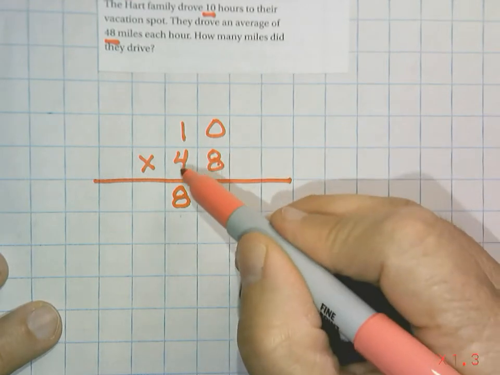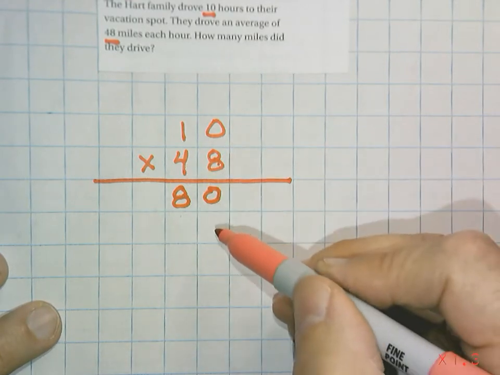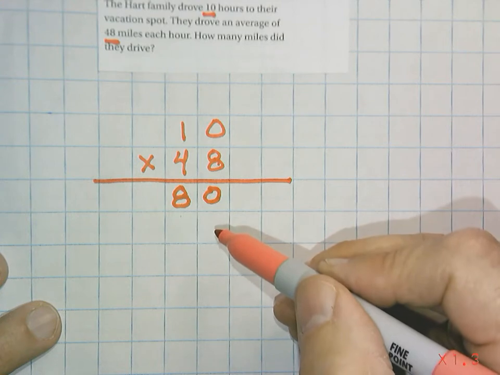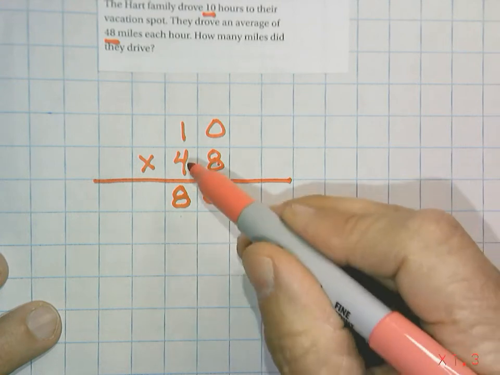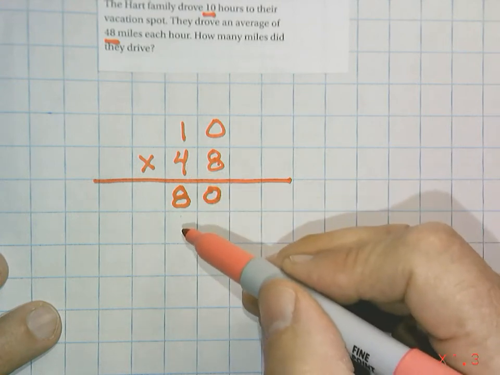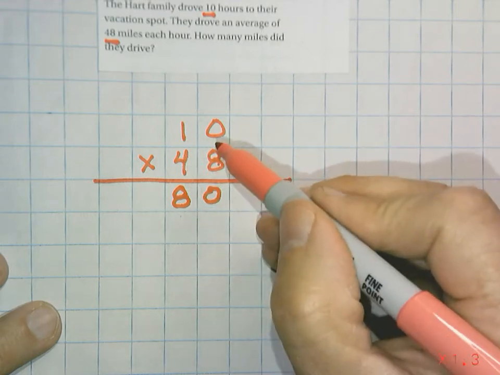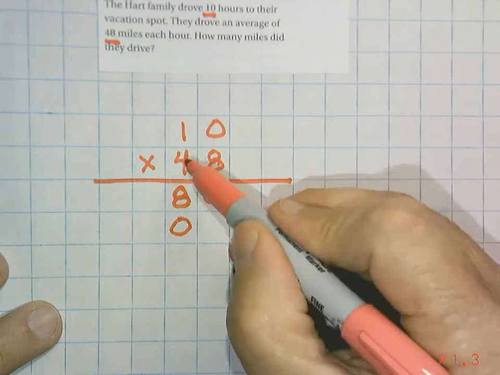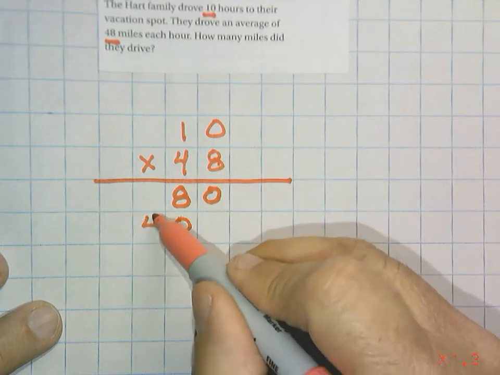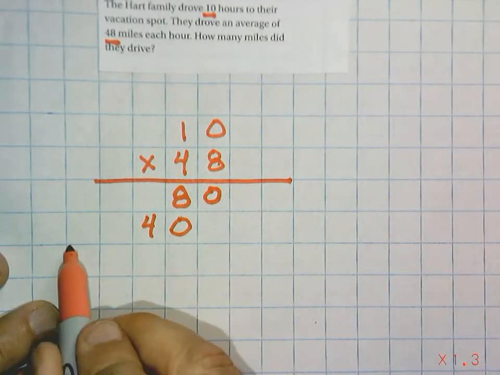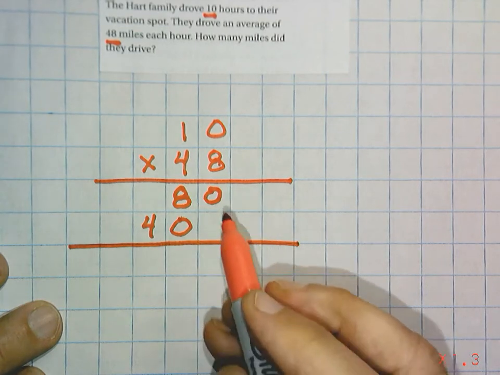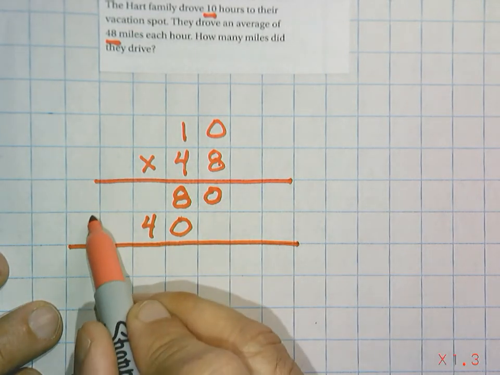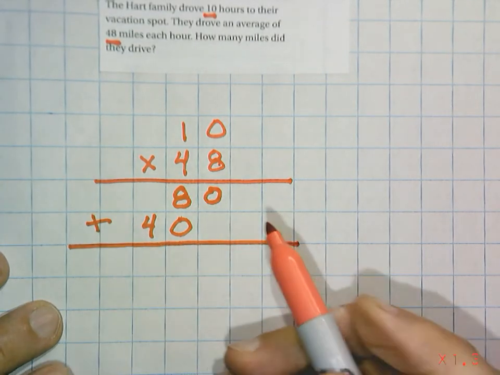Now remember, when we get to the tens, am I going to write it down here? No, we're going to put it under the tens. Just remember that. I think as long as you do that, you're going to be fine. 4 times 0, I'm loving that. That's 0. And 4 times 1, see, I love these. These are so easy. And now our second step is we're simply going to add these numbers down here.